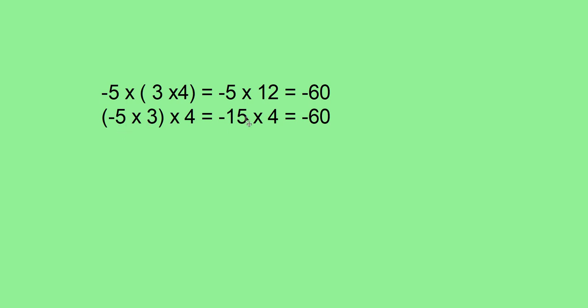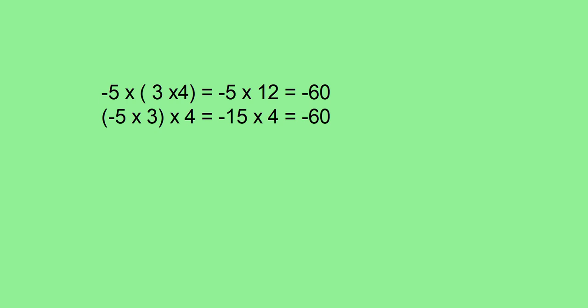Here negative 5 into 3 is negative 15, negative 15 into 4 you are getting negative 60. That means both answers are correct. In both questions we used the same integers, negative 5, 3, 4. But we multiplied in a different way, and we are getting the same product.